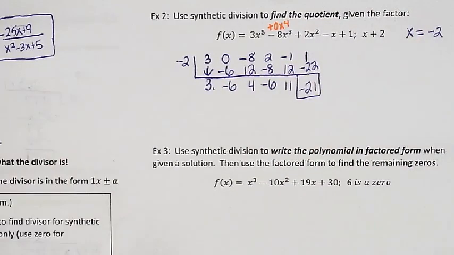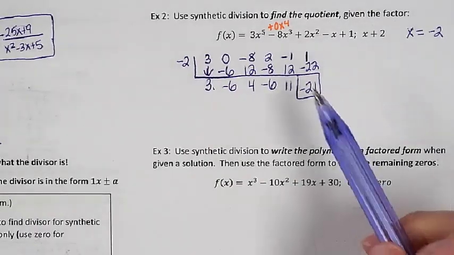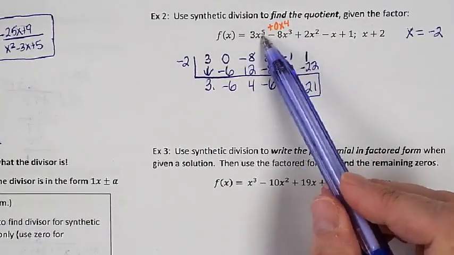So now we're going to write the answer. The exponent that we start with is always 1 less than what we started with. So if we had x to the 5th, my first term is going to be x to the 4th.